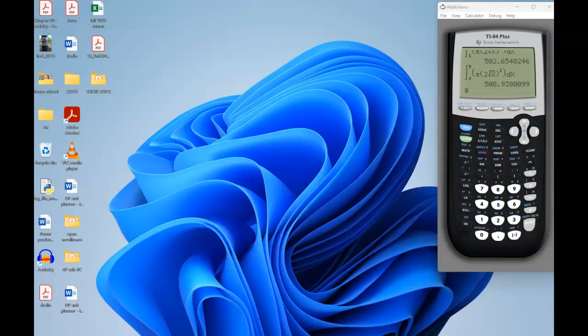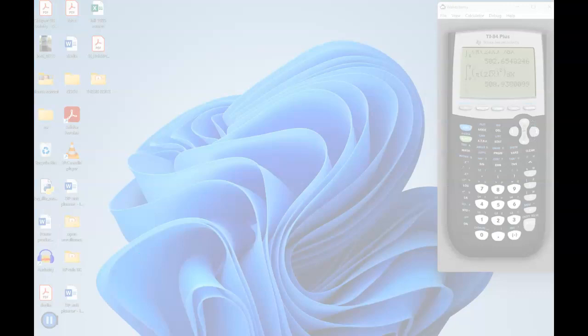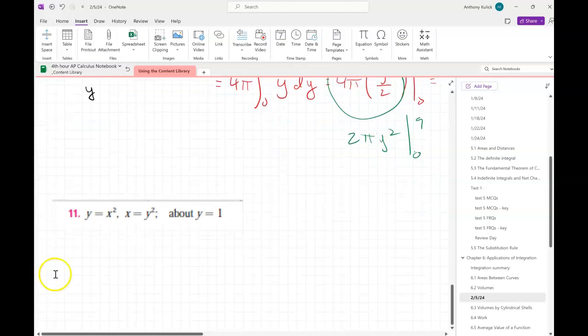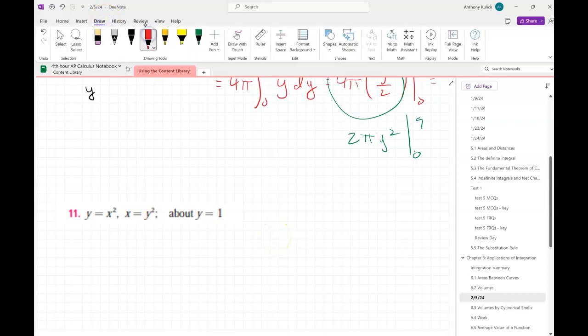I'm just kind of grabbing some of these. Nope, 6.1 is area between two curves. What was there between 6.1 and 6.2? Area versus volume? Oh, volumes. Got it. No problem.